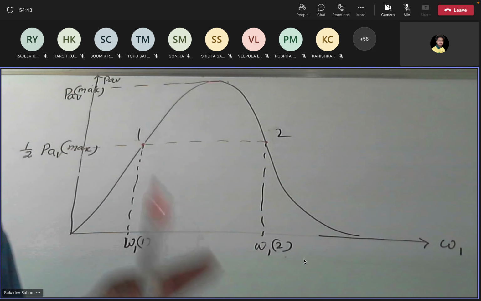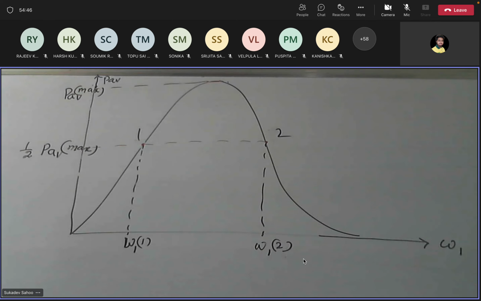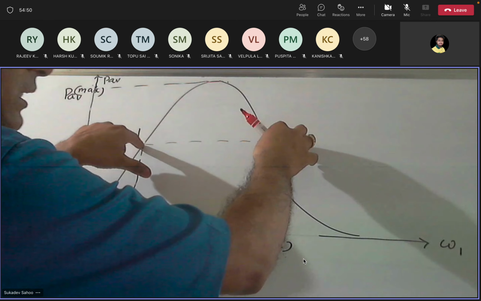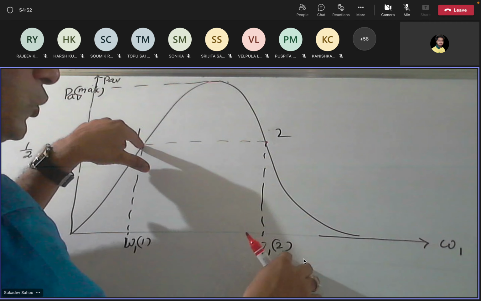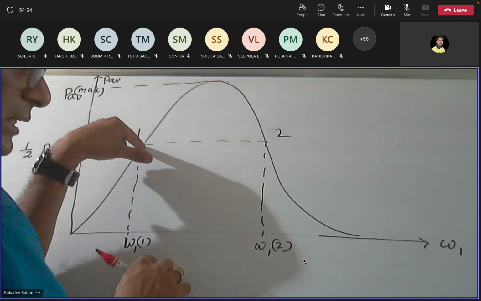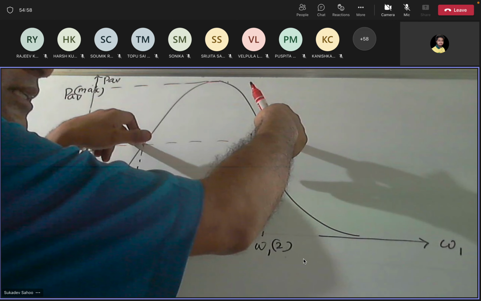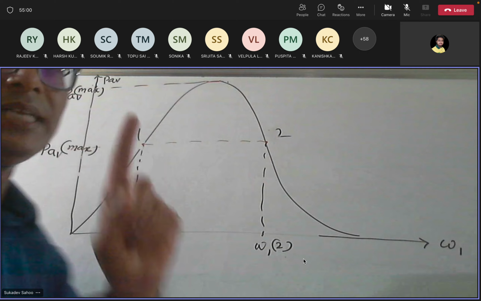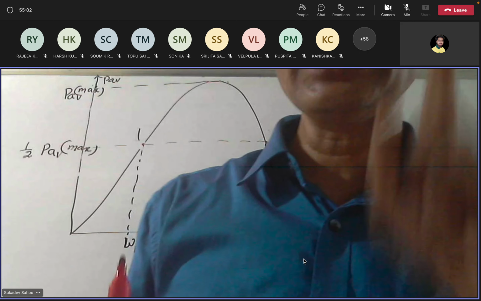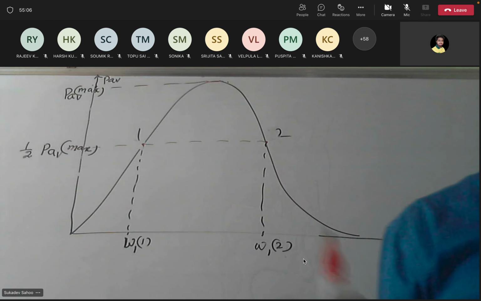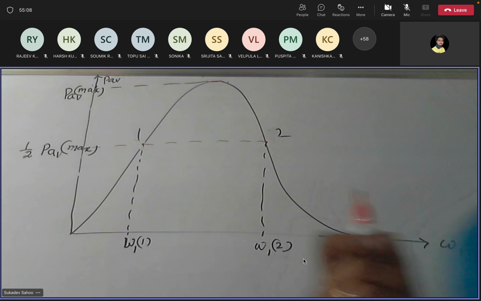According to the definition of bandwidth of resonance, it is the difference of the frequencies, that means omega 1 at 2 minus omega 1 at 1. It is the difference of the frequencies at which the power of the oscillator is half of its maximum value. Everybody clear about the definition of bandwidth of resonance?